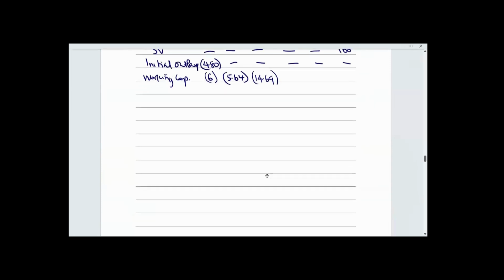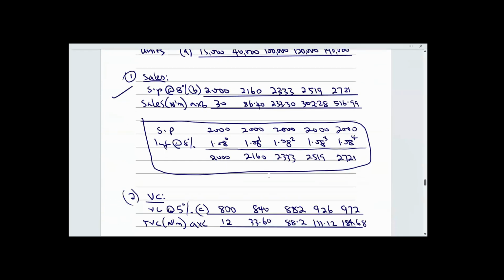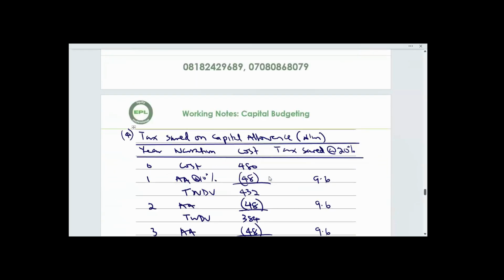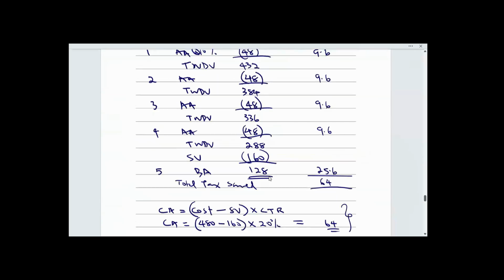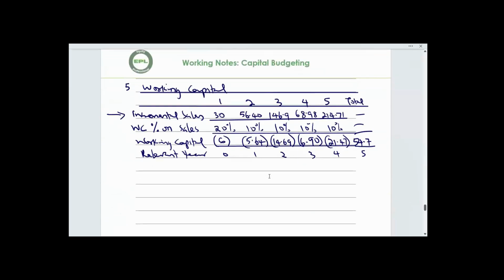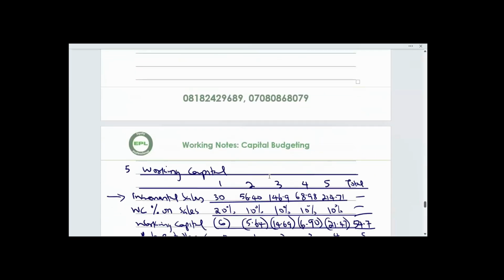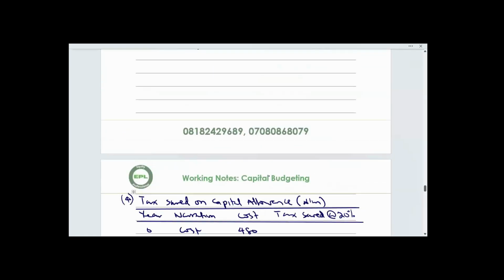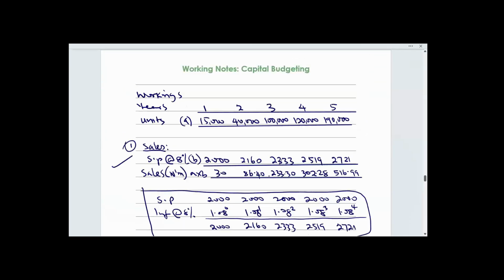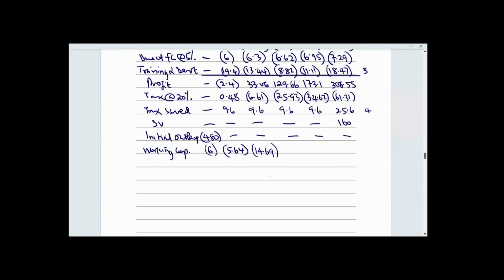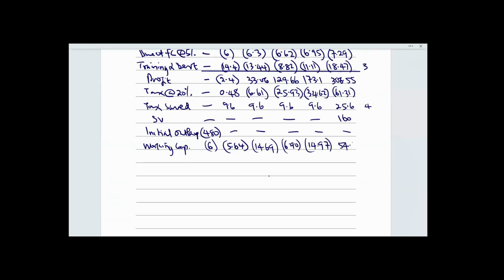The next one is 6.90, then 21.47. Then in year 5, we recover everything, which is 54.7.